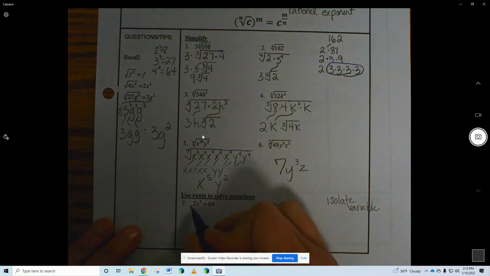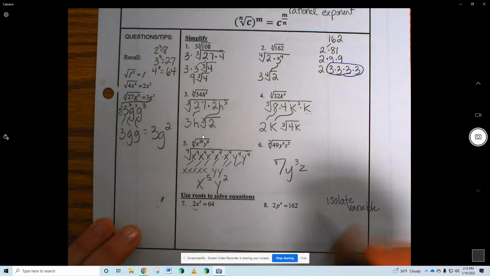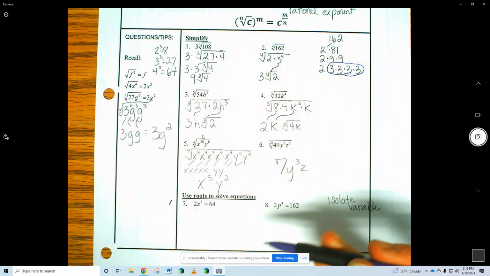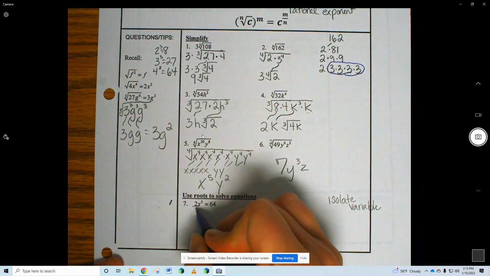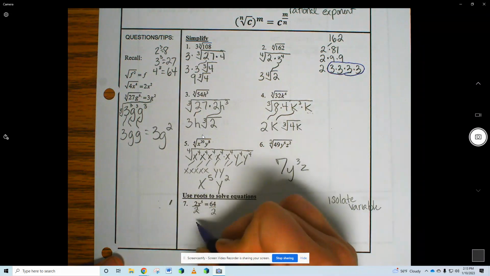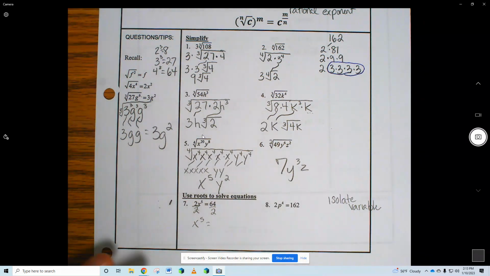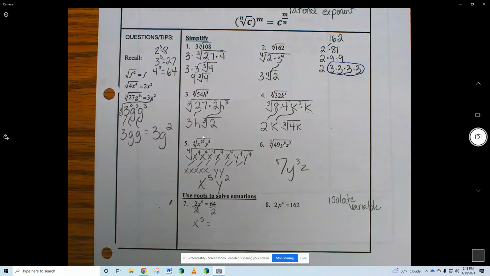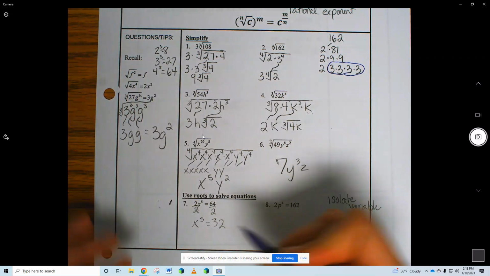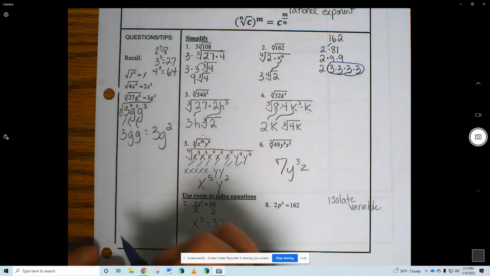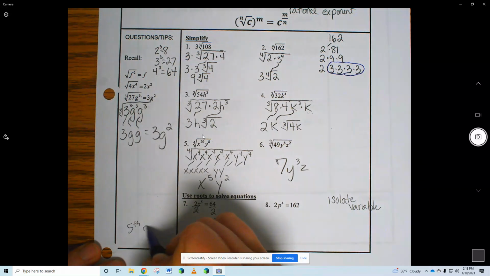So first on number 7, I'm going to divide by 2. X to the 5th equals 64 cut in half, right? And then you 5th root both sides.